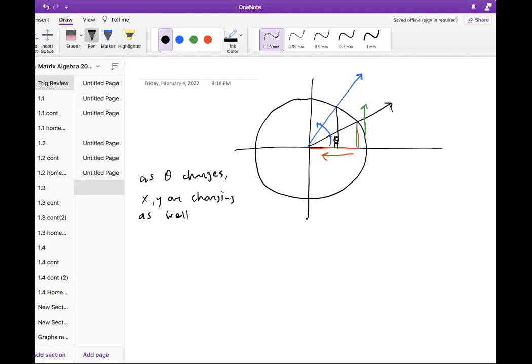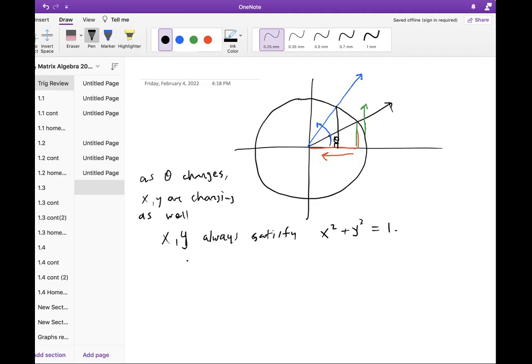But what is always going to be true? x and y always satisfy x squared plus y squared is equal to 1. So this is the idea.